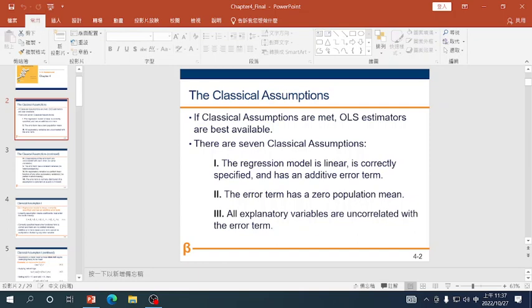Therefore, those error terms are just random error. If you have explanatory variables related to the error term, it means there is some information in the error term that was not extracted and included in the X variable. In that case, all the estimation of the beta will be incorrect.